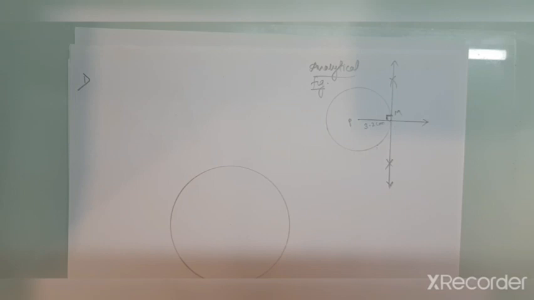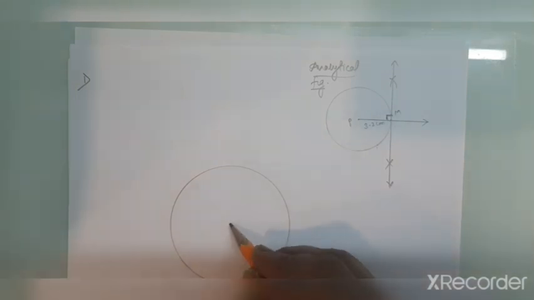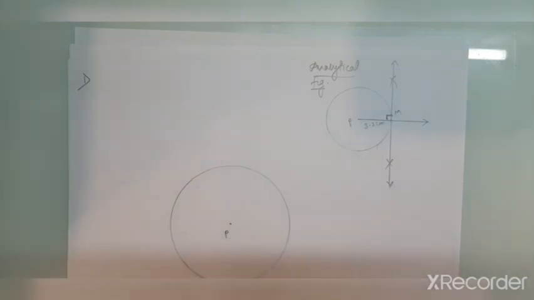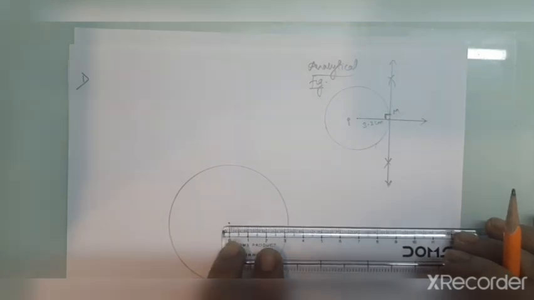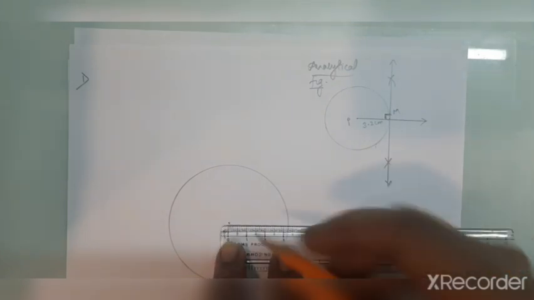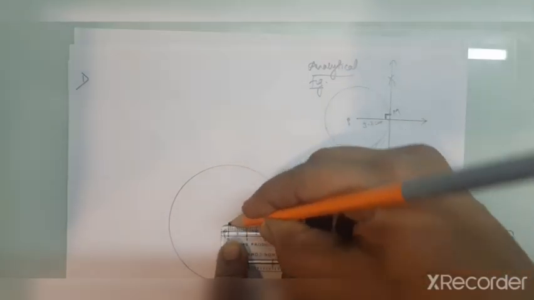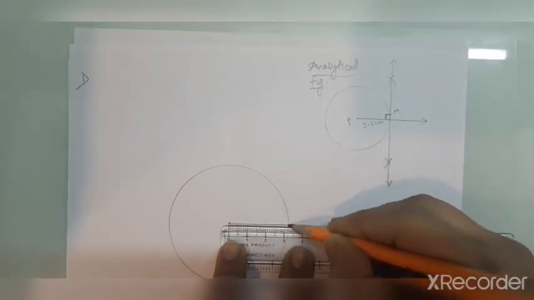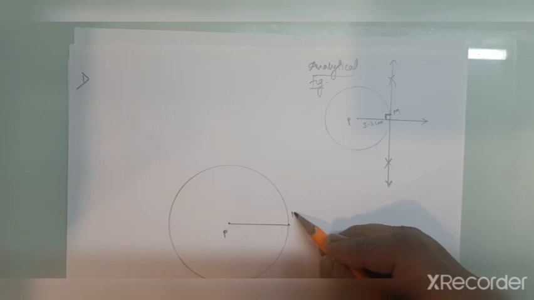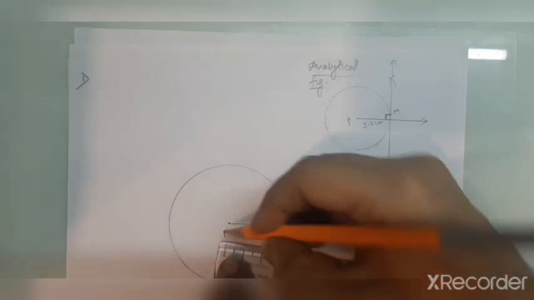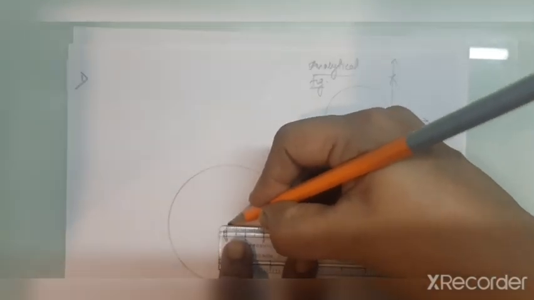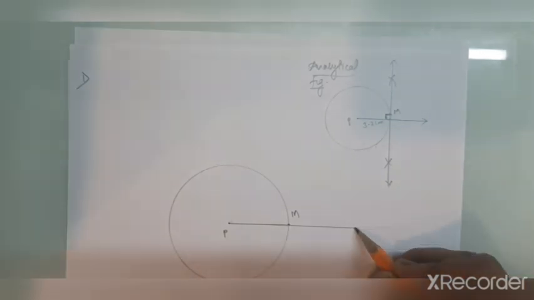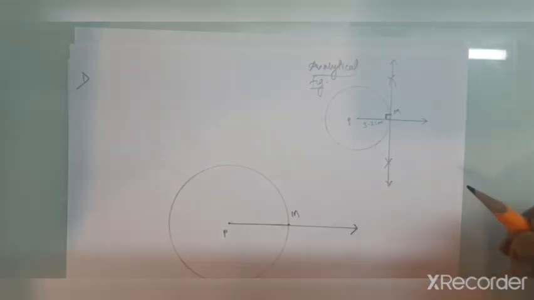Now I mark the center, which is point P. Then I draw this radius. This becomes point M, which is on the circle, and I extend this radius a little outside so that it will help me draw the perpendicular.